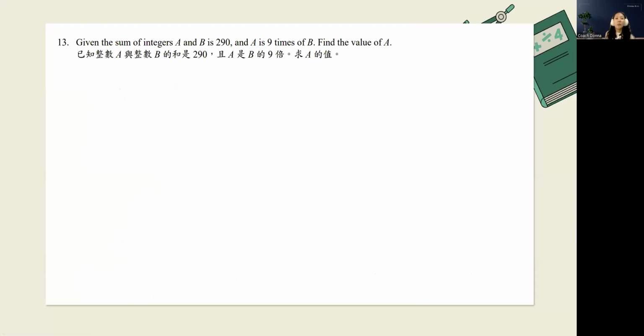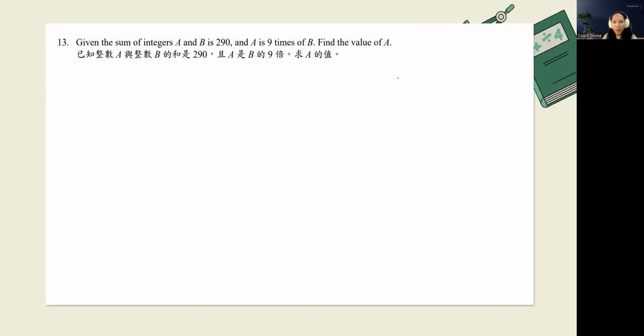Okay, given the sum of integers a and b is 290 and a is 9 times of b, find the value of a. So, for questions like this, all we have to do is write down a plus b.